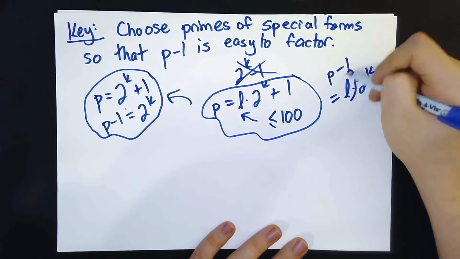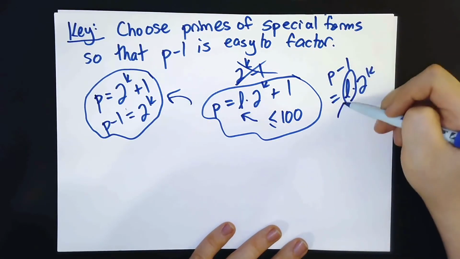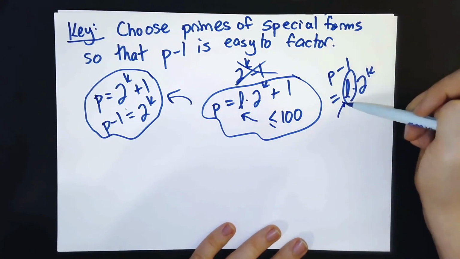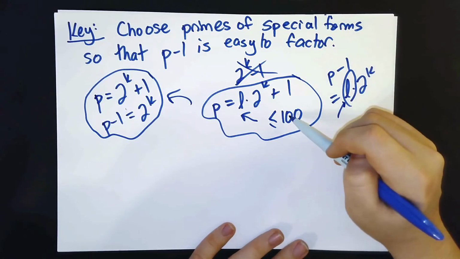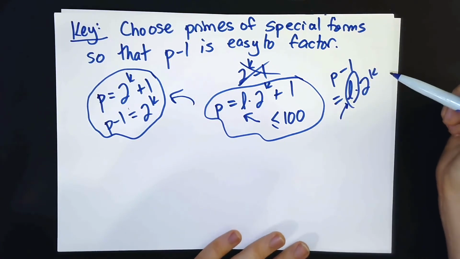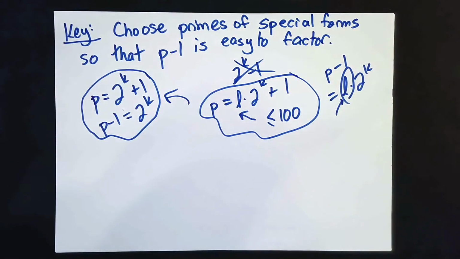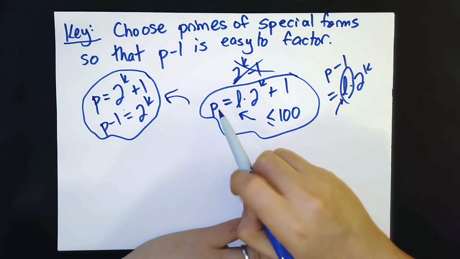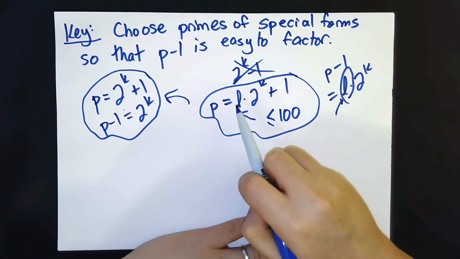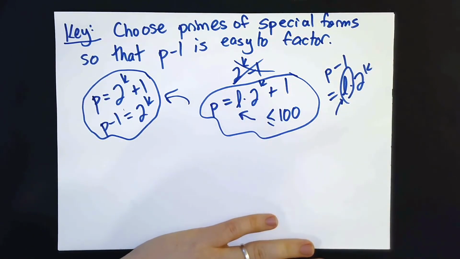All I have to do here is factor L, and lo and behold, L is a 2-digit number, so you can factor it even by hand. So this is one of the ways you can go about finding a prime that will be well suited for the primitive root algorithm, is to go fishing for primes of specific forms where as soon as you find one, you already know the factorization of p minus 1.